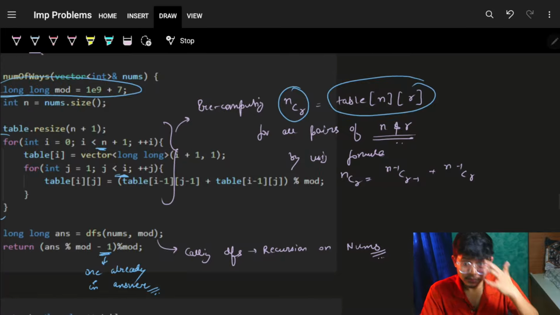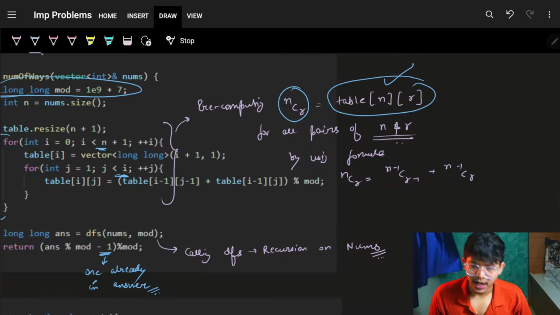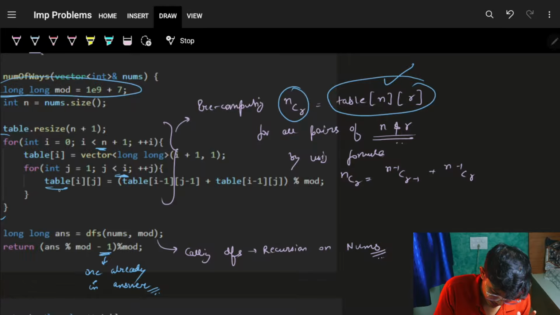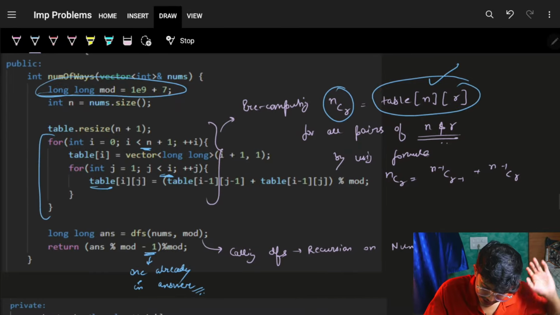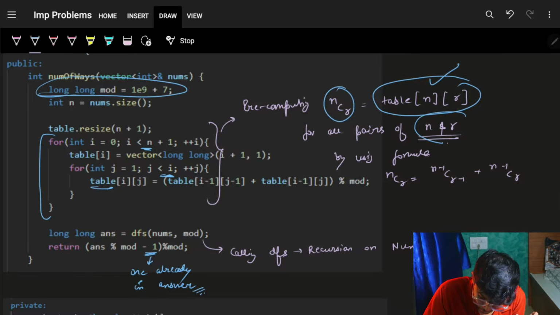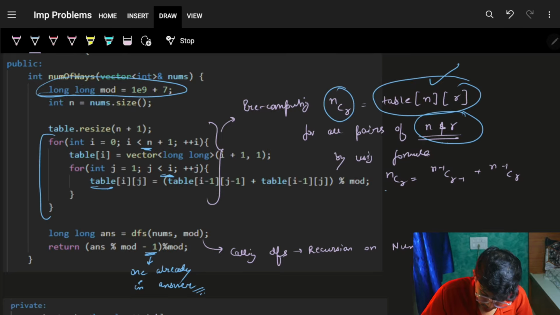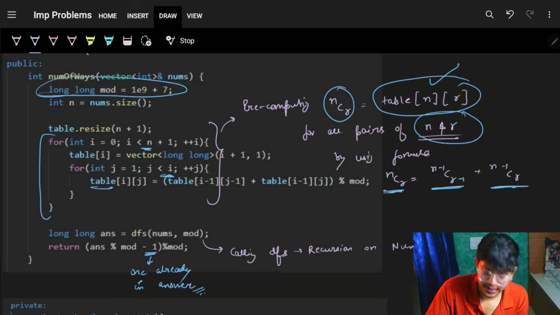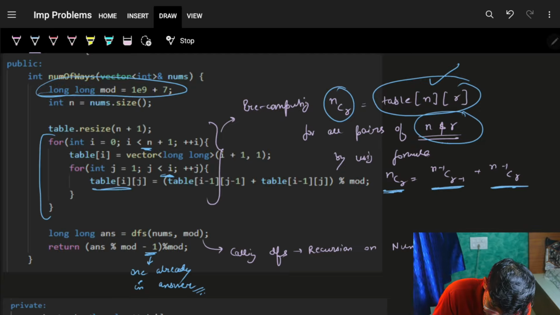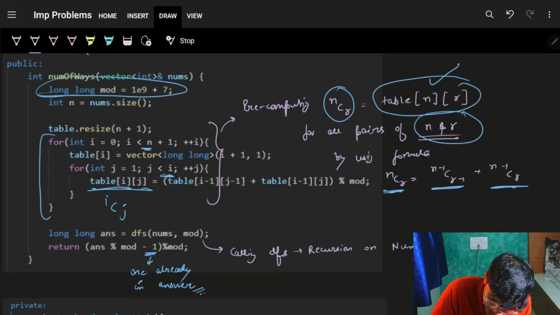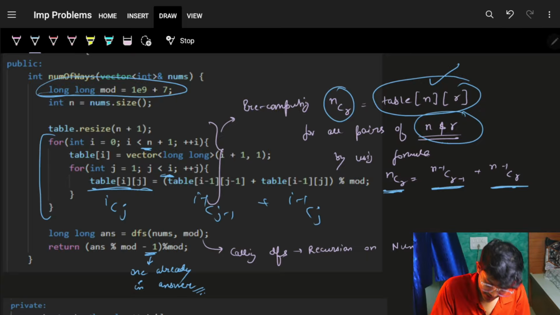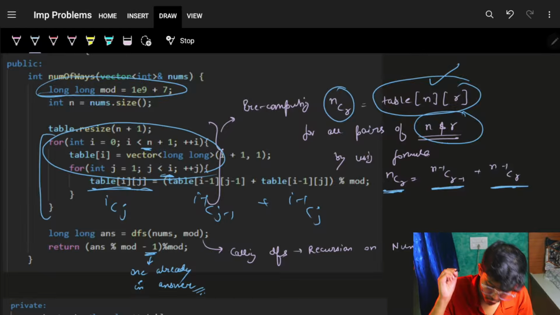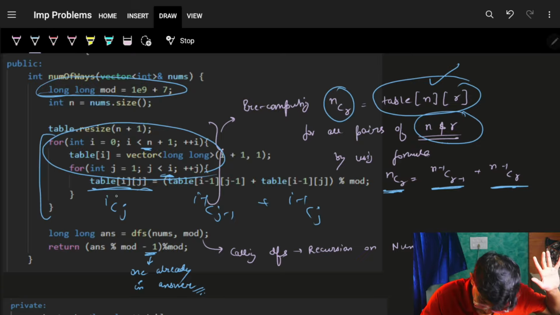So you will have a pre-computation table, or any name you want. It will compute for all n, r pairs the value, by using this formula: ncr is n minus 1 c r minus 1 plus n minus 1 c r, that is, for I, J: I minus 1 c J minus 1 plus I minus 1 c J. Just by simply applying 2 for loops, I get that answer for I, J.